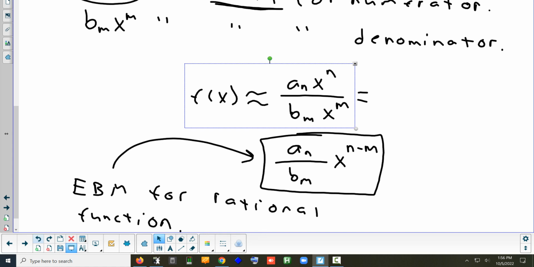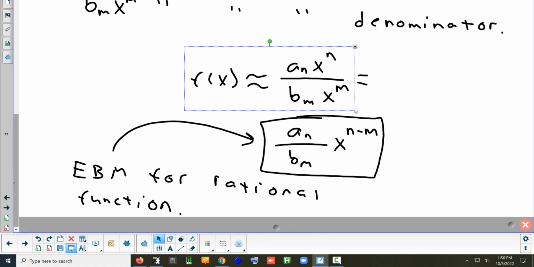N minus M. And that is the EBM for a rational function. What does it really mean? It's like a simplified version of a more complicated fraction. It simplifies it. Takes out all the little details and says, all right, you want the big picture of what this is going to look like? This is what's going to happen.